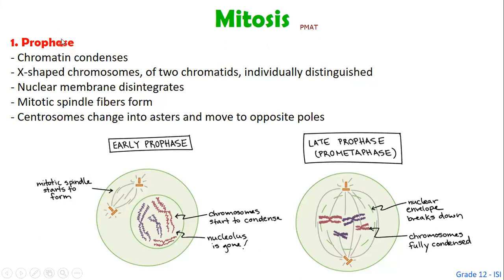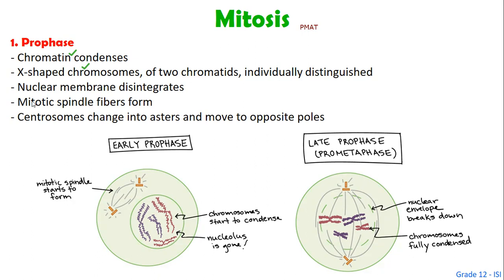During prophase, which is the first phase of mitosis, chromatin condenses. So the DNA coils, okay, coils more and harder around proteins to make visible chromosomes. The condensation of chromatin forms chromosomes, visible ones.